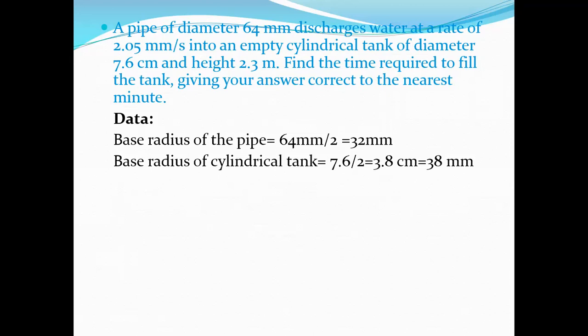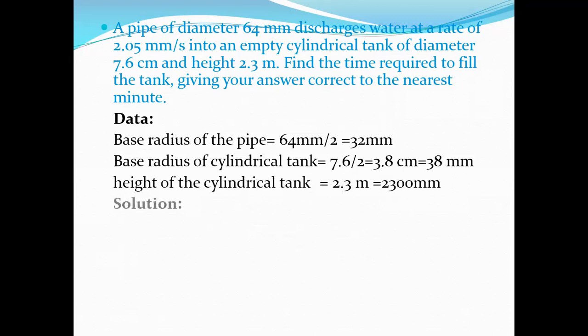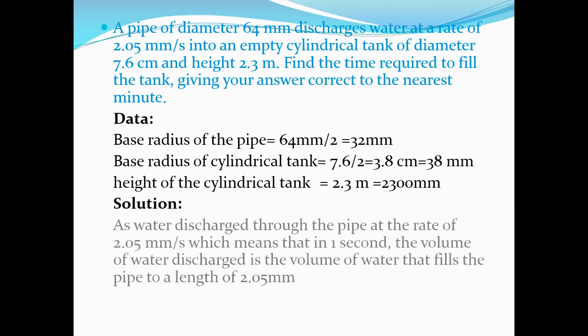So we are doing it in millimeter. And the height of the cylindrical tank is 2.3 meter. So we need to convert it into millimeter as well. So multiplying it by 1000, we will get 2300 millimeter.